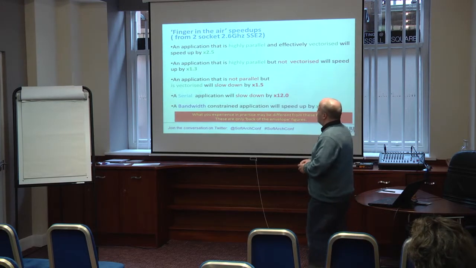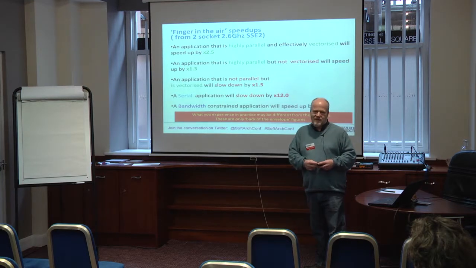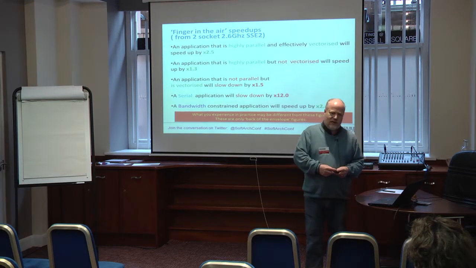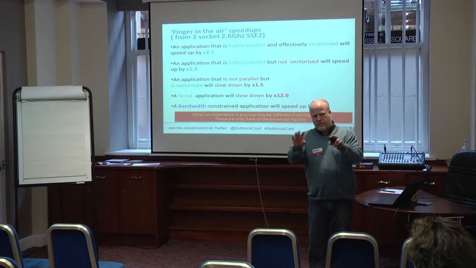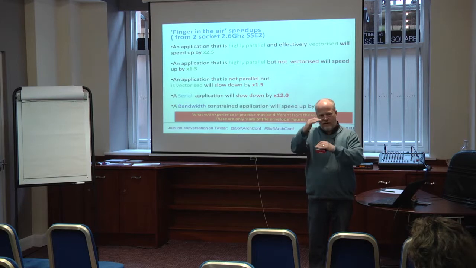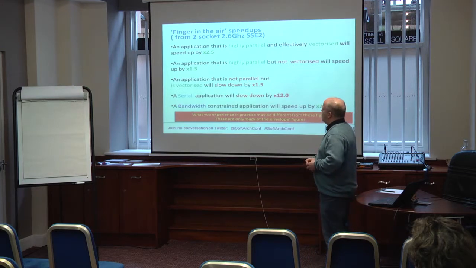Okay. So first thing is that if you have code that's both highly parallel and effectively vectorized, then you should expect a speed up of 2.5. So that could be for the whole code, or it could be for a proportion of the code. You've got one bit which you know is well parallel and well vectorized. That bit should speed up by 2.5.